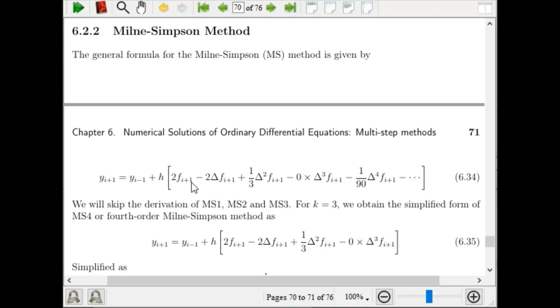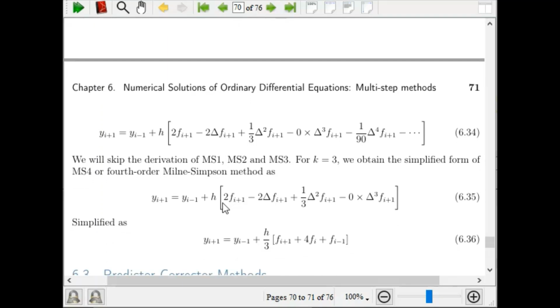The details of MS1 and MS2 have been exempted, but we have MS3, which is the same as MS4, because I'm adding the 0. That is why you are seeing MS4, but it will definitely give us the same solution as the MS3 case.